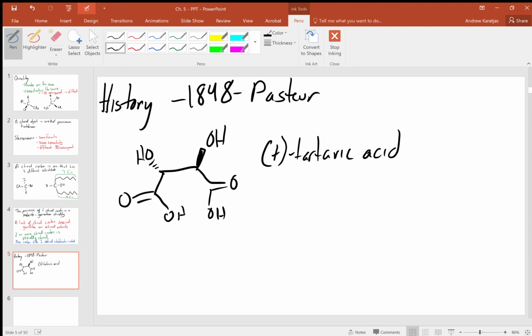If we have a chiral molecule, and only if we have a chiral molecule, the chiral molecule will actually rotate the plane of the light. And then that allows us to calculate something known as a specific rotation.